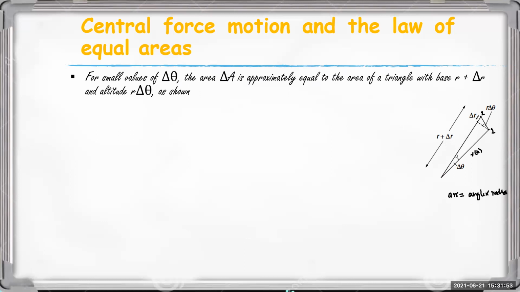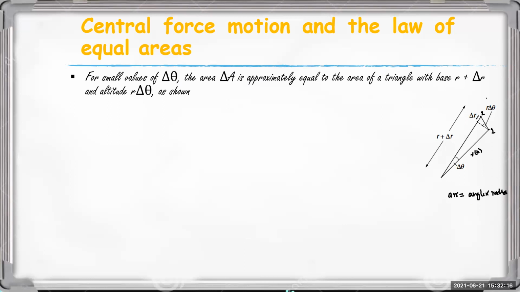Okay, so for small values of delta theta, the area delta A is approximately equal to the area of the triangle with base R plus delta R and altitude R delta theta.